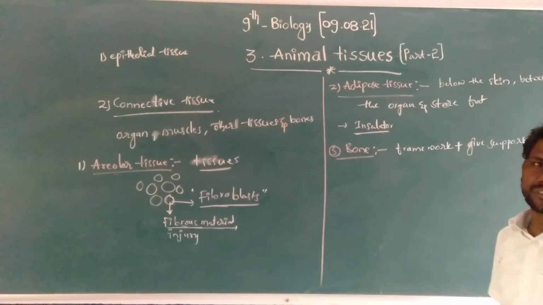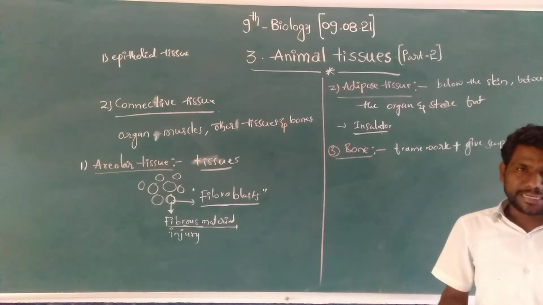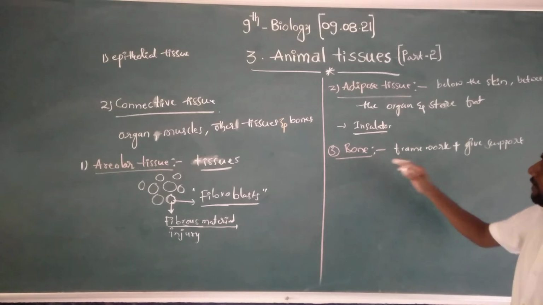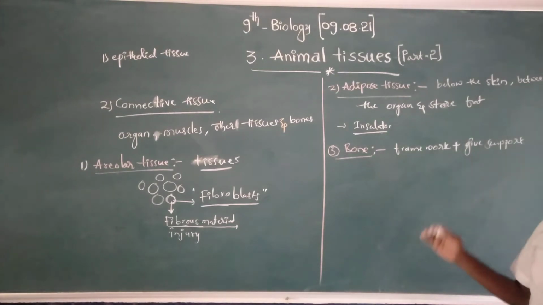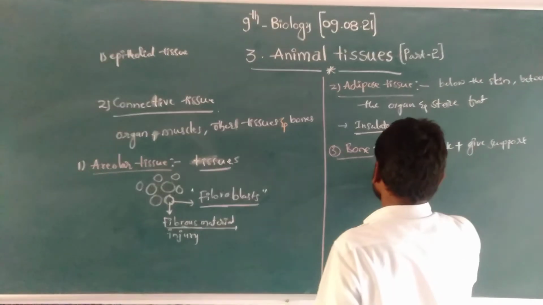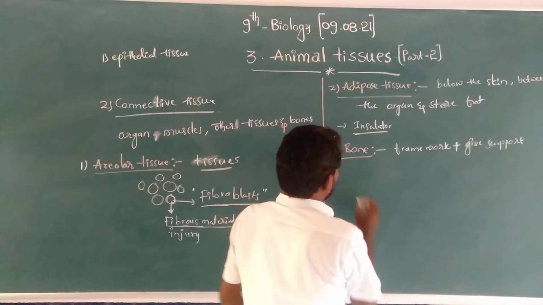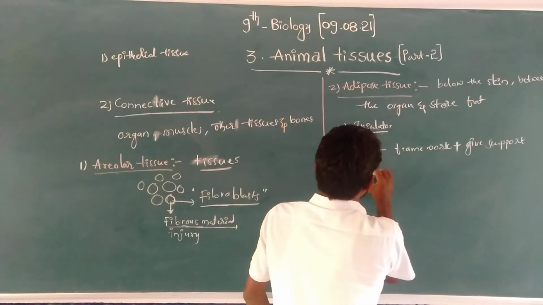That type of tissue is called bone. This bone is made up of two types of salts. First one is calcium phosphate.